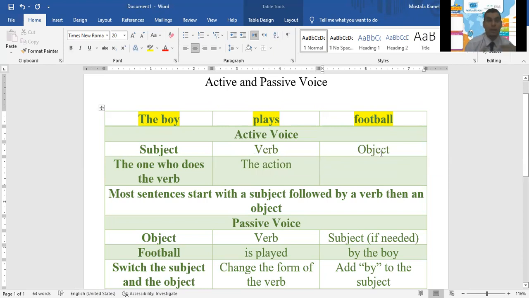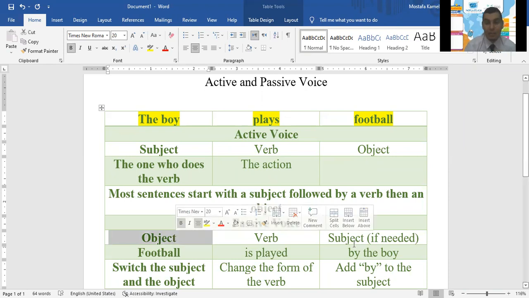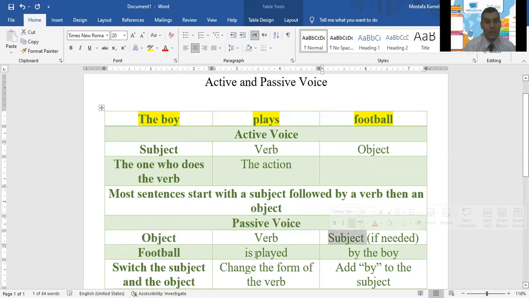Let's move on to the next type of sentence, which is called passive voice. This passive voice has some changes. The first change is that we switch the object and the subject. We start with the object and end with the subject. The second thing is that we change the form of the verb.